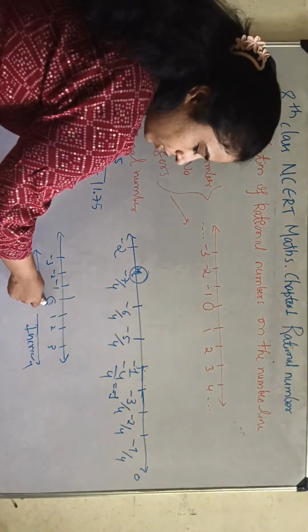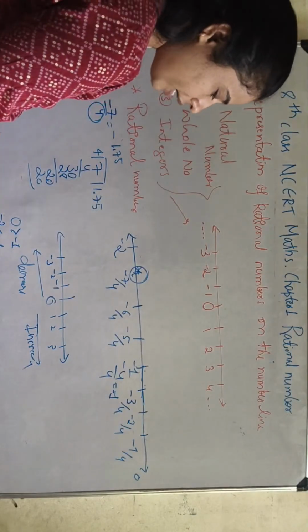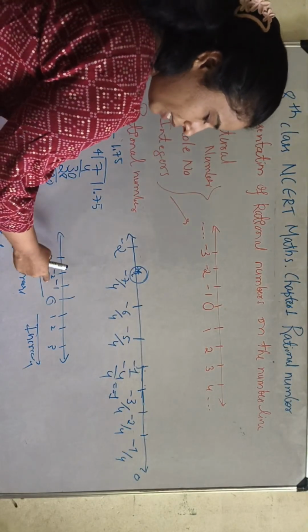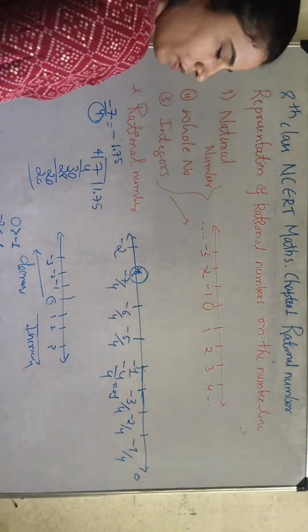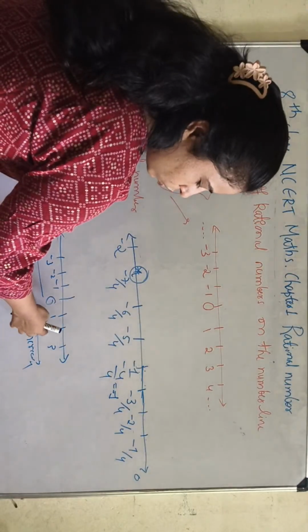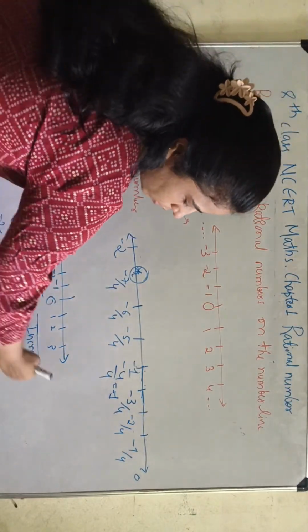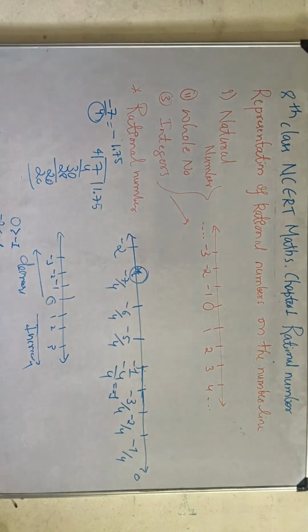Here 0 is bigger. That's why minus 3 is lesser than minus 2, and minus 2 is lesser than minus 1. You got the point. But on the right side, 1 is less than 2, 2 is less than 3, because on this right side the value of the number increases. You should remember this point.